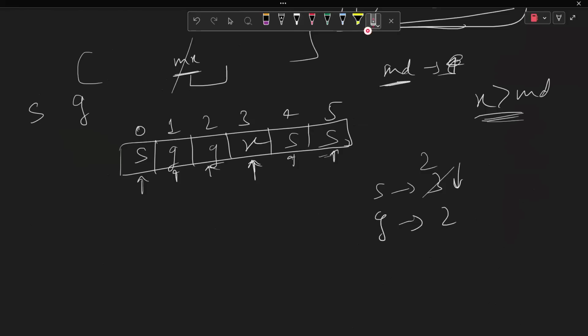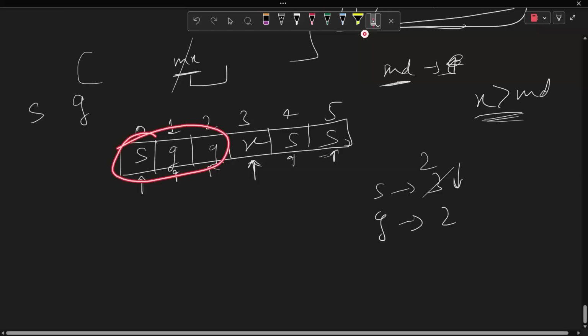First thing is, we would always apply operations on length 2. Why? Because if we apply on length 3, just take any length 3, whatever be its median. If you have SGG, arranged in ascending order it would be SGG.